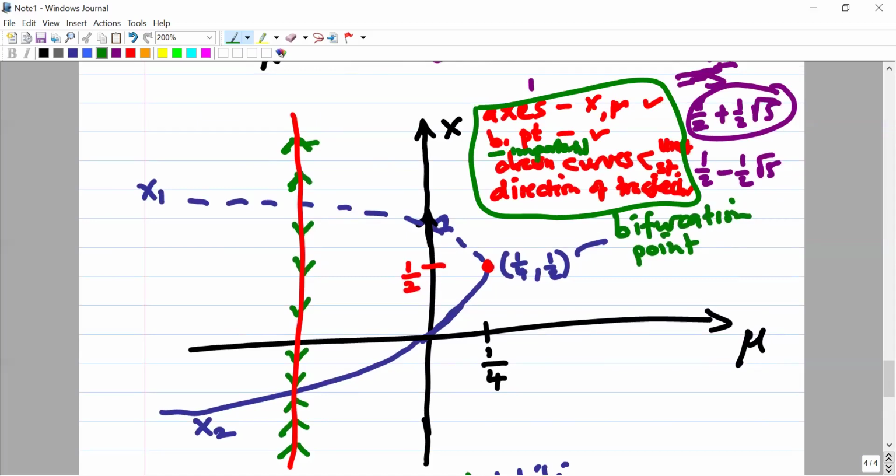So important points require the bifurcation point, but also the points where, if possible, the graph intersects the y-axis, the y-intercept, the x-intercept. So we need all those important points to appear. So that's it about bifurcation. Thank you.